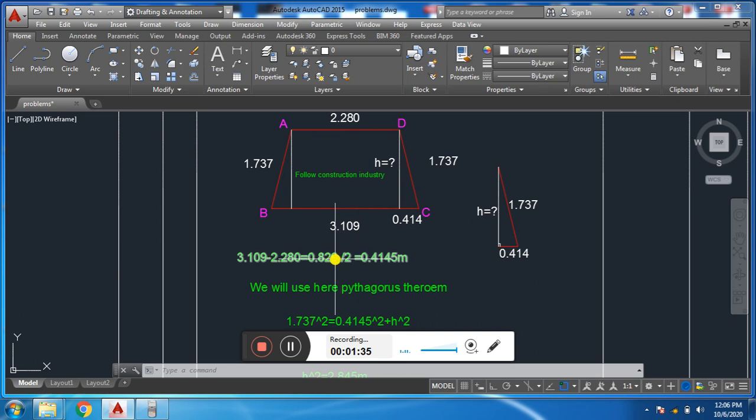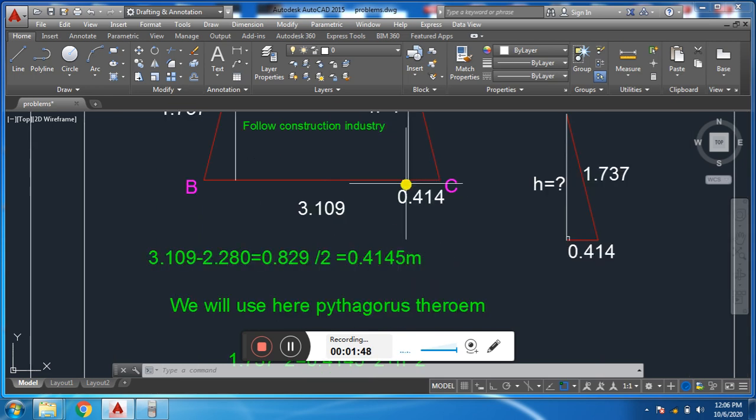We divide it by 2 to get this portion and this portion: 0.4145. This is the distance from this point to this point, and similarly from this point to this point.